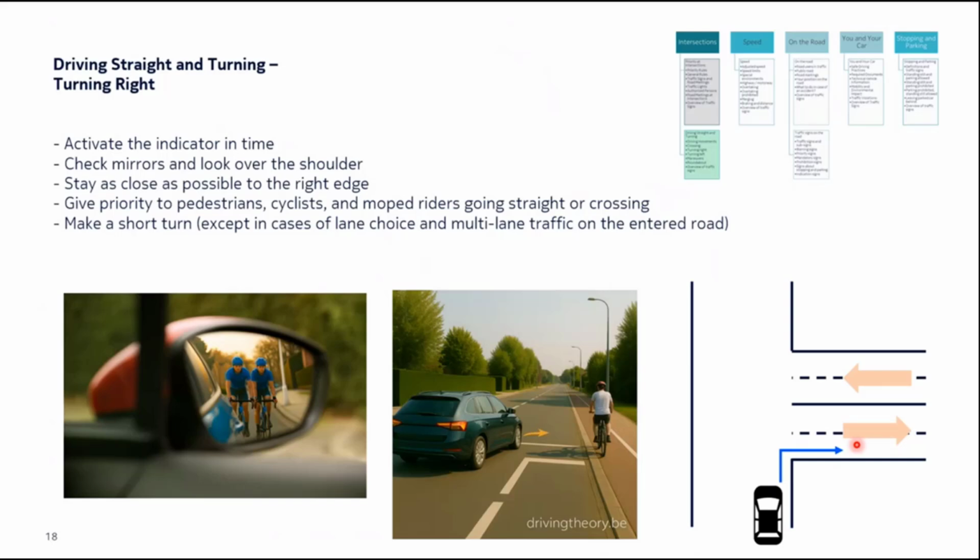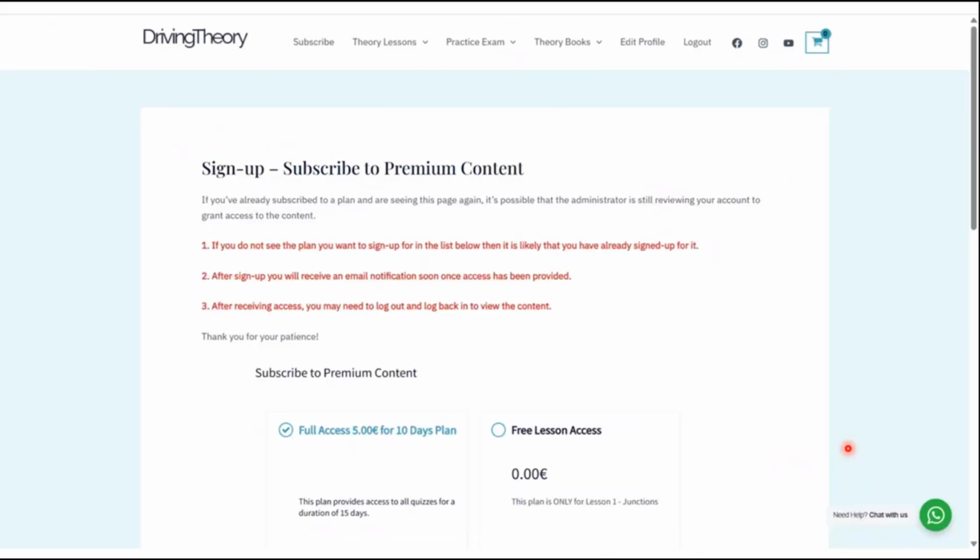But within a built-up area, you have a choice. You can either enter the rightmost lane or the left lane here. So in that case, that's an option you can follow to make a right turn. All right. So there are a lot of exceptions, but you need to know the general rules. And in this case, turning right is a short turn.